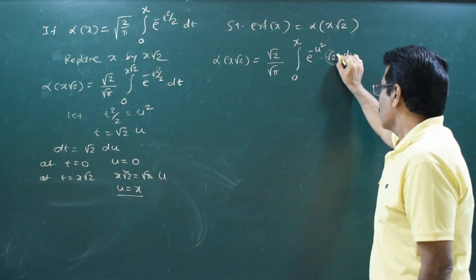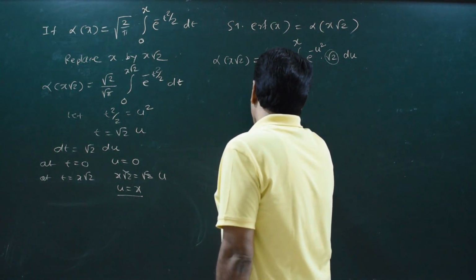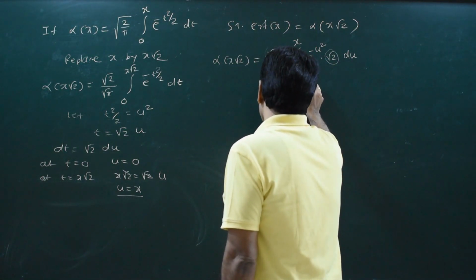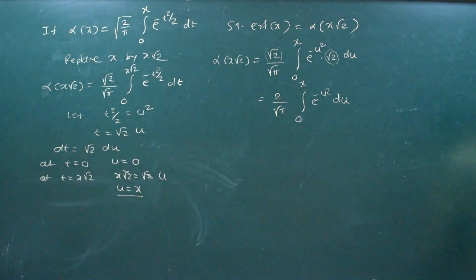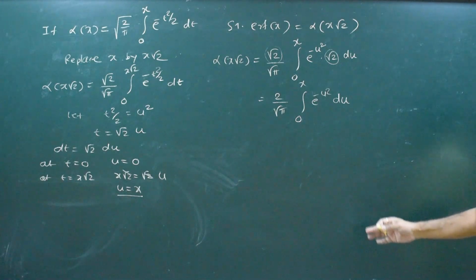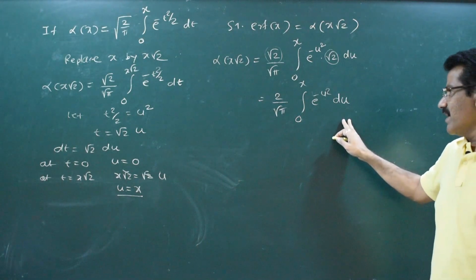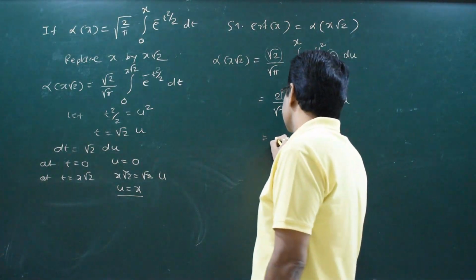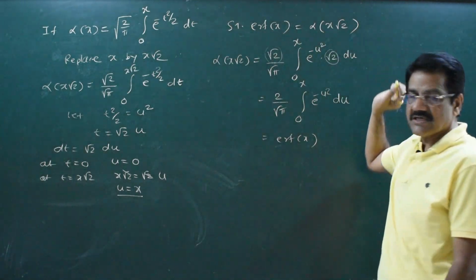We are going to take root 2 outside, so that we get 2 upon root pi integration from 0 to x e raised to minus u square du. And after simplification, you will observe that this is nothing but the mathematical definition of error function of x. So that is equal to error function of x, and this expression is proved.